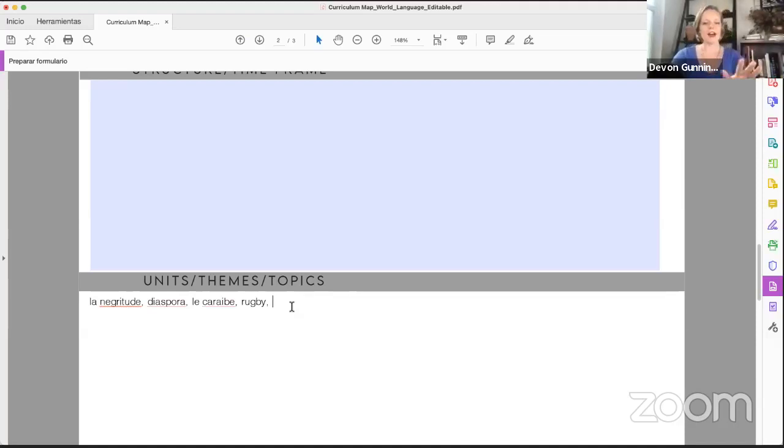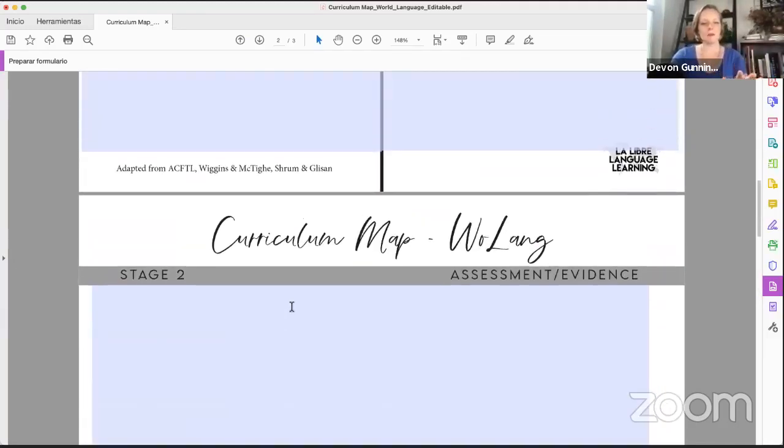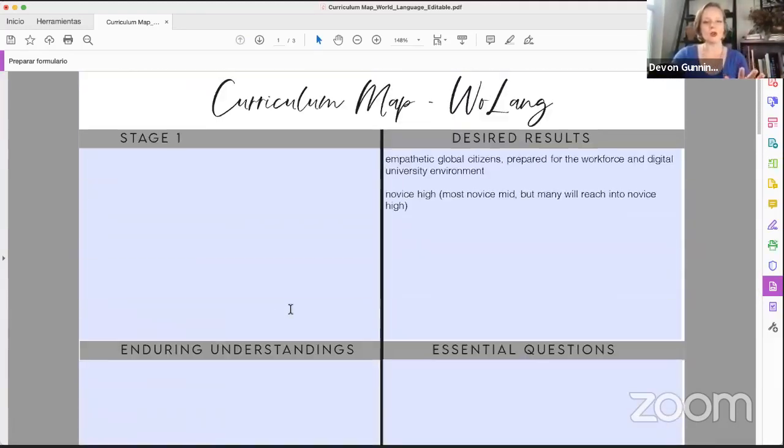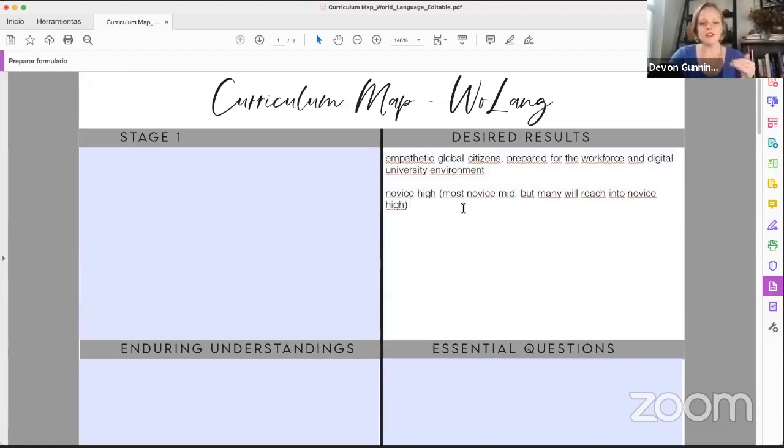But having unit themes and topics be the second thing that you do is good, rather than starting with units, because you then have an idea of what level your students are at, a concrete idea, not just a vague idea of where my students have been in the past. That's actually not a good place to start.